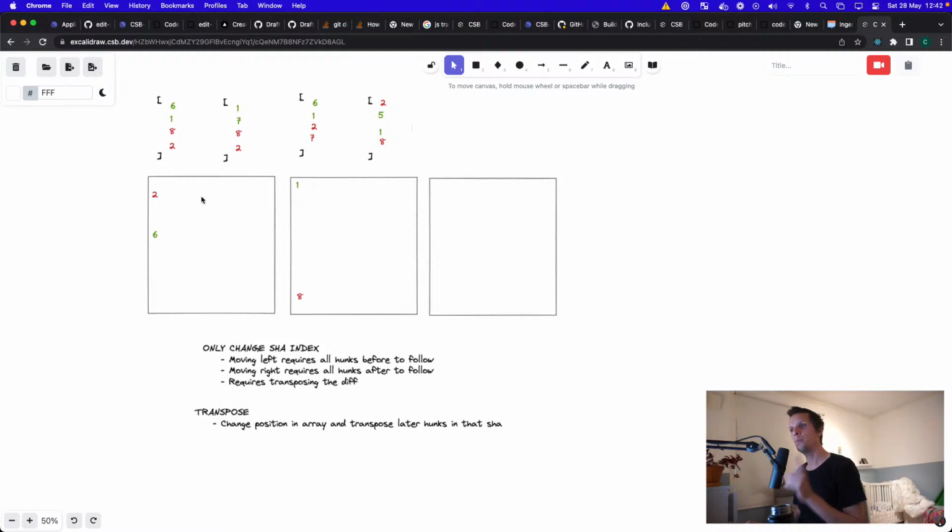Now, the problem is the same, right? Because now we're just saying remove line 2. But we can't just remove line 2 because that's not the same line as here, because we added line 1 here. So that doesn't work.